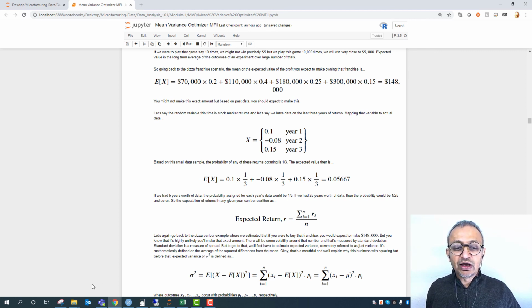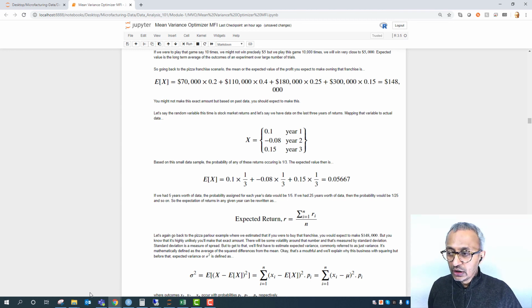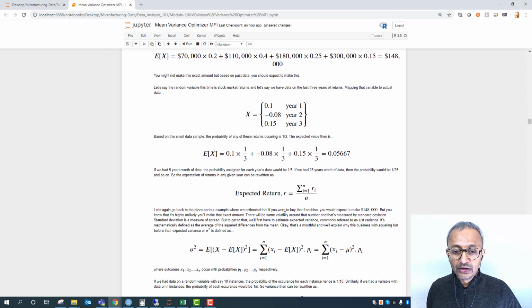Similarly, if we had 5 years' worth of data, the probability assigned to each year would be 1/5. If we had 25, it would be 1/25, and so on. So we can approximate this by calculating expected return for a whole bunch of data.